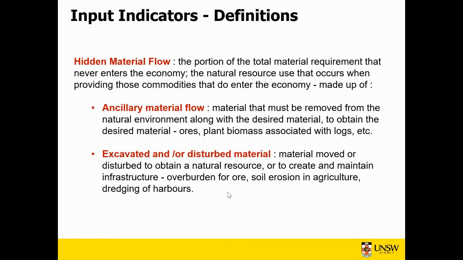But to do that, you dig a big hole in the ground. To dig that big hole, sometimes you just move the soil, the land, from here to a few hundred meters away. So you're not actually extracting that away from its original environment, but you are disturbing it in the environment. So you degrade that amount of materials. It's degraded there, so it doesn't serve its natural purpose anymore.